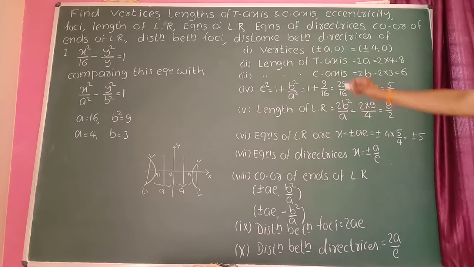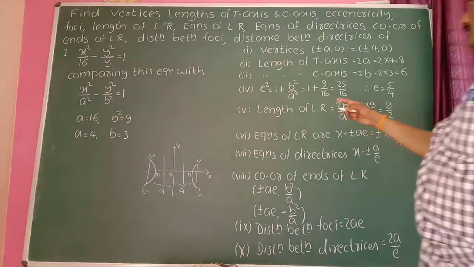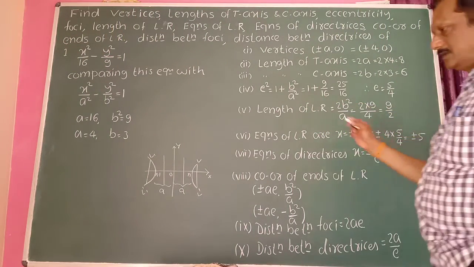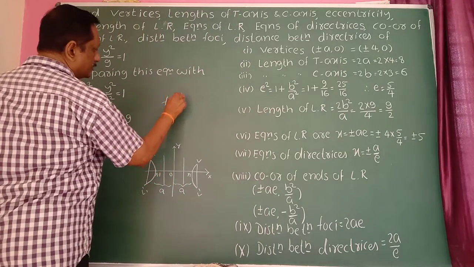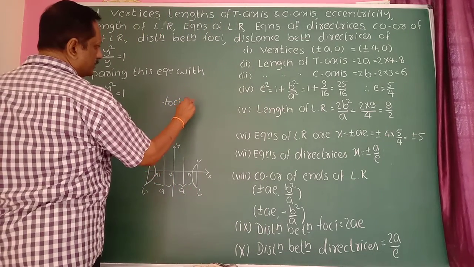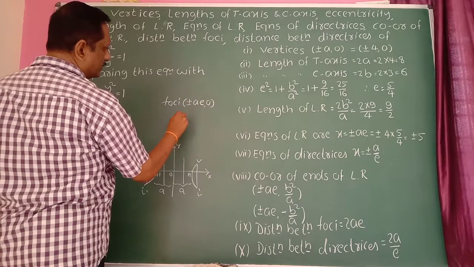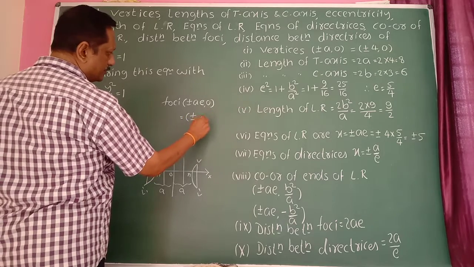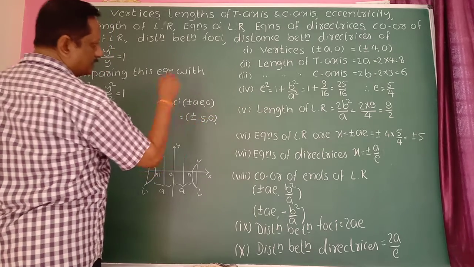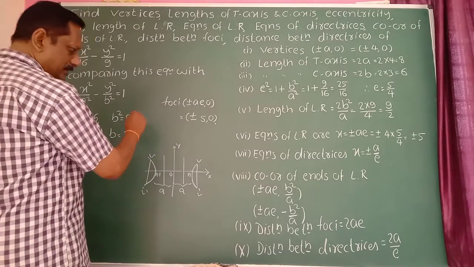Foci are also there. You have to find the foci here, so I am writing foci here. Foci are plus or minus a into e comma 0. That is plus or minus a into e, which becomes 5, so 5 comma 0 and minus 5 comma 0.